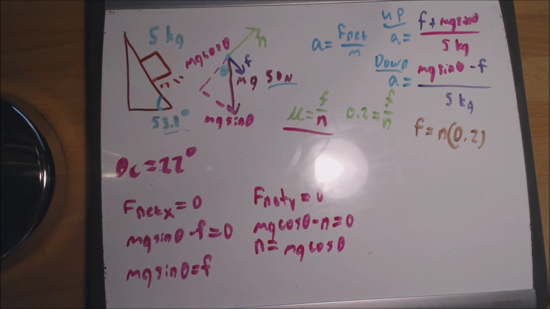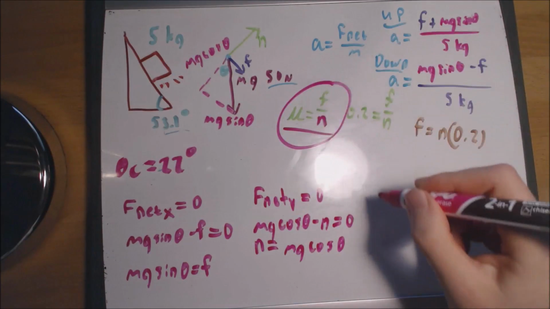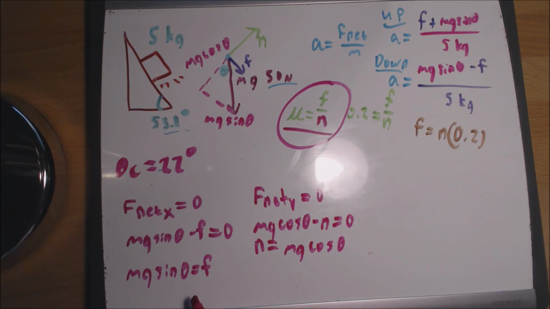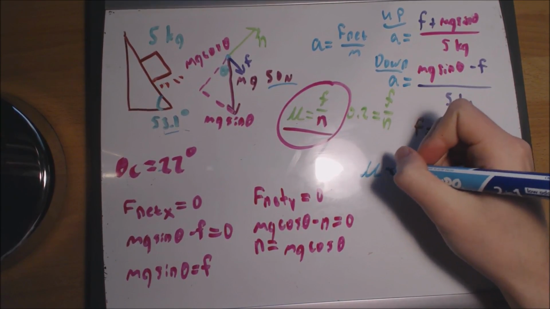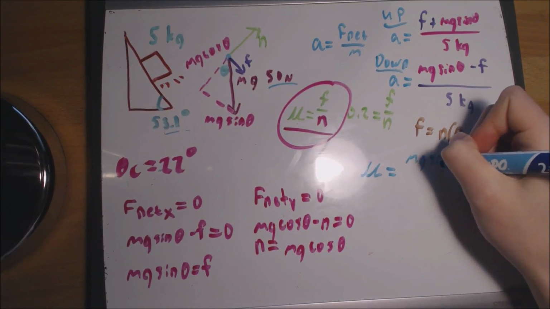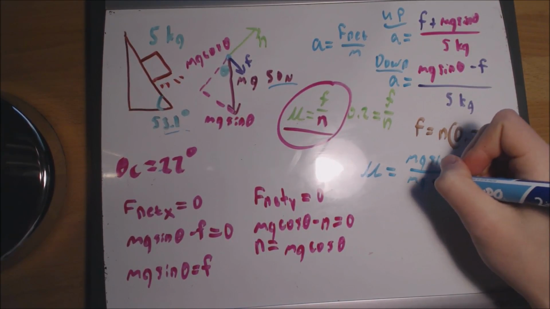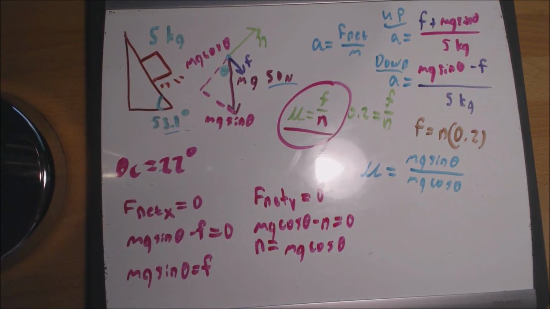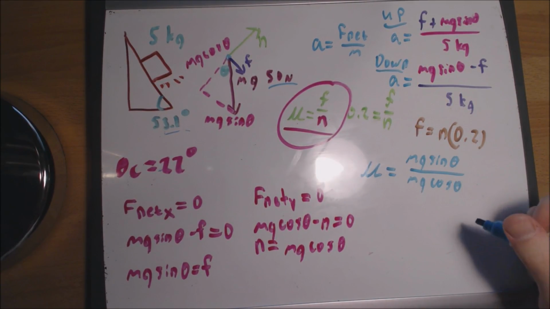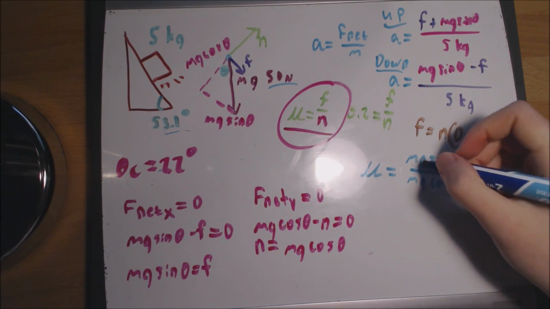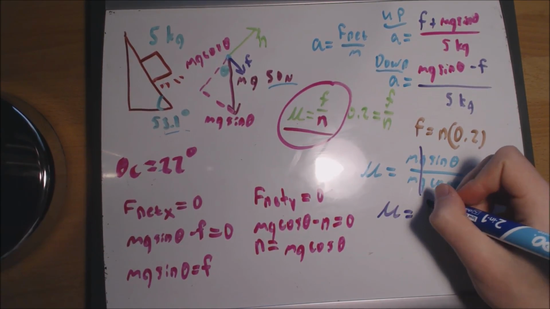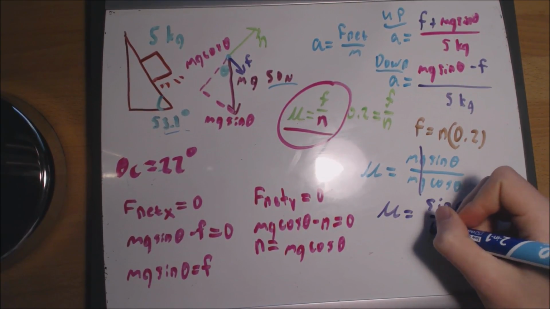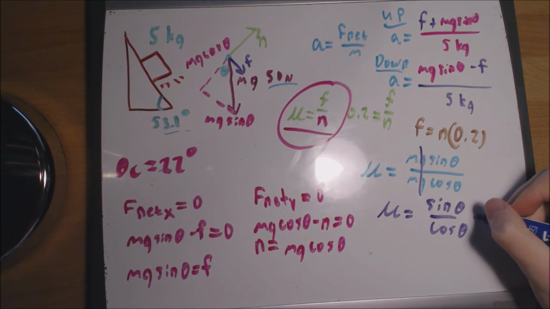Since we know those two things, and since we know mu equals f over N, mu now equals mg sine theta over mg cosine theta. So this is big. We can cancel out our mg's, and we're now left with mu equals sine theta over cosine theta, which is just tangent theta.